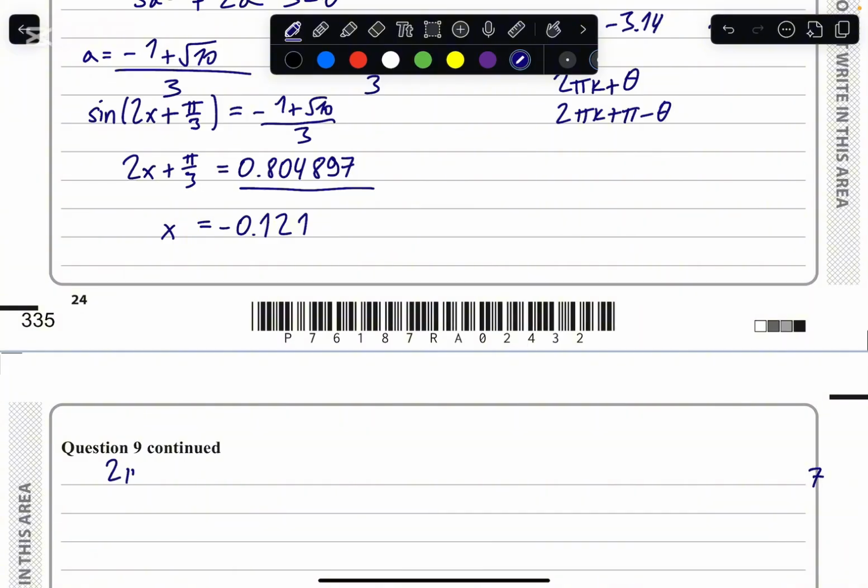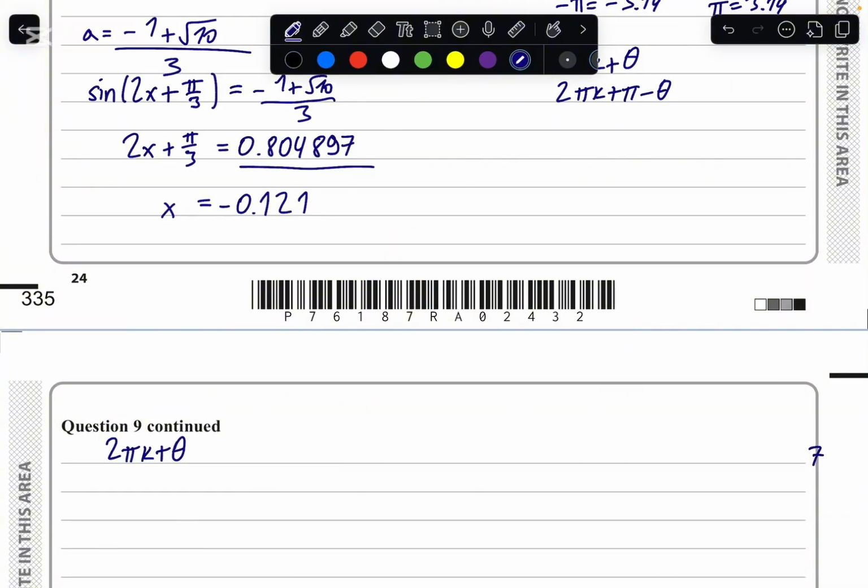We'll do first with 2 pi k plus theta. When k is 0, we'll just be left with this value, which is theta. So we can try it with the value of k equals to minus 1.